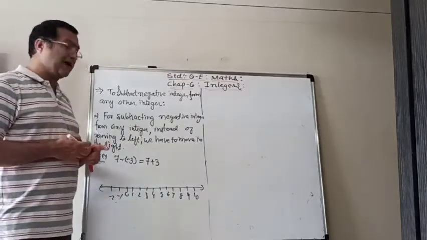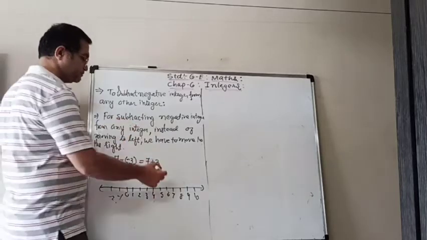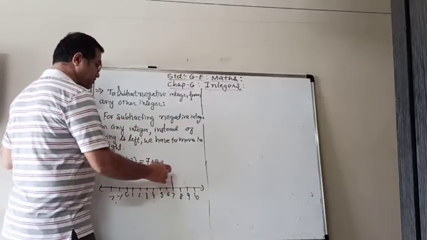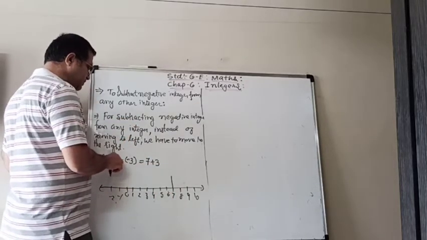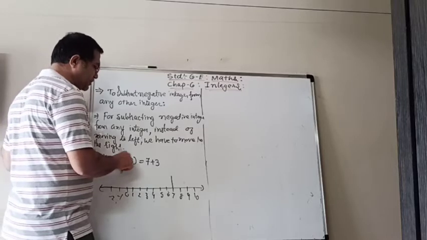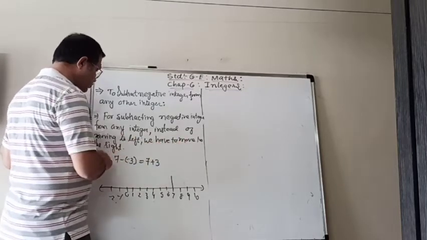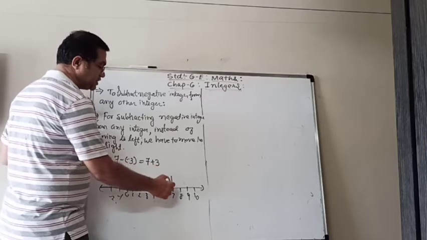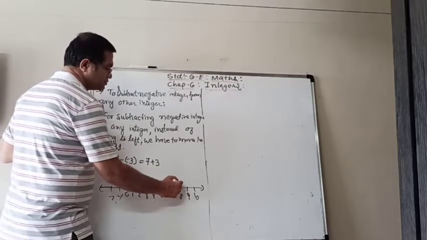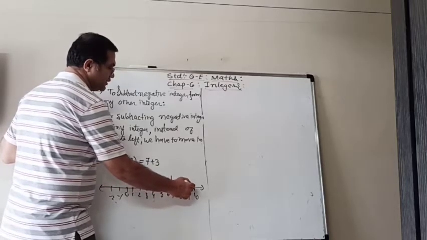Now, I have to start from 7. It is subtracting, but a negative integer is being subtracted, so we have to move to the right. How many steps? 3 steps. So 1, 2 and 3. What did we get? 10.